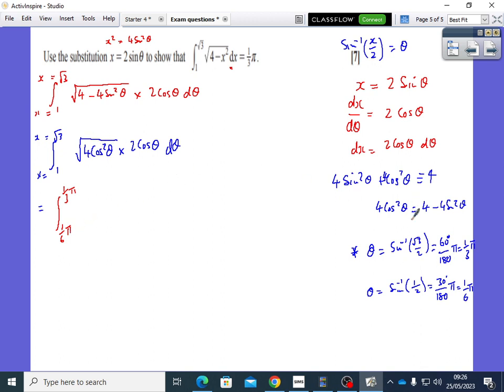And this, when I square root this, I'll get 2 cos theta times 2 cos theta d theta. Now 2 times 2 is 4. I can just take that out. Okay, so I'm going to put that out, 4.